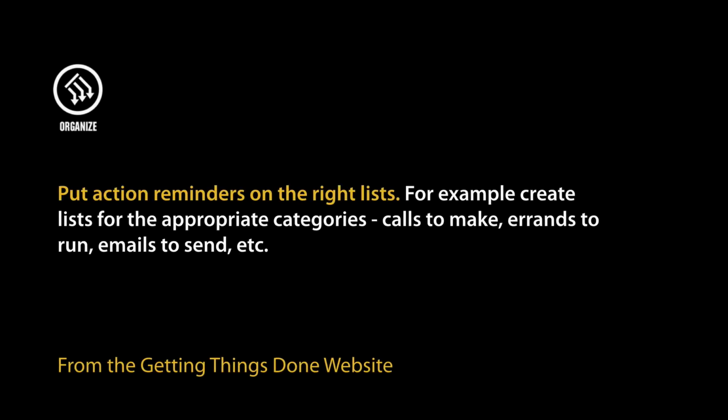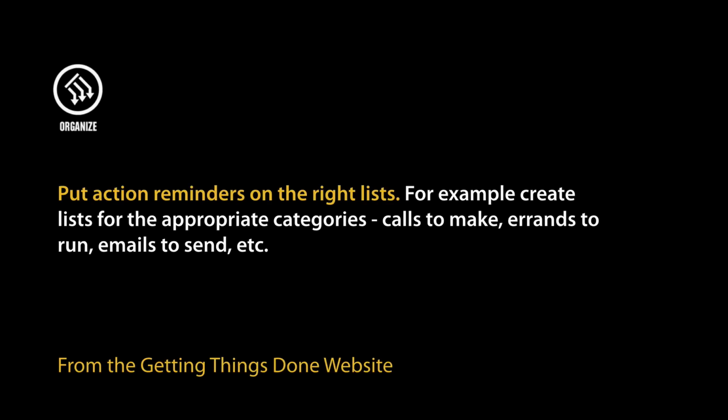For example, create lists for the appropriate categories: calls to make, errands to run, emails to send, etc. Now, the most important thing to remember here is pure GTD doesn't necessarily work with dates unless those dates absolutely must be done that particular day.